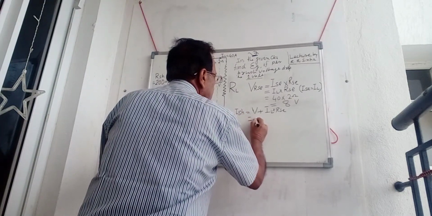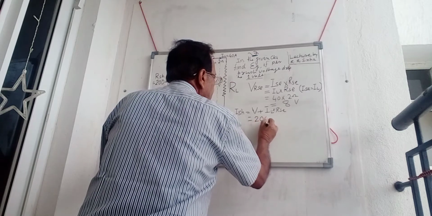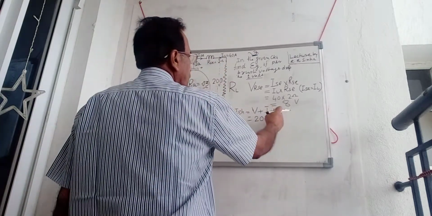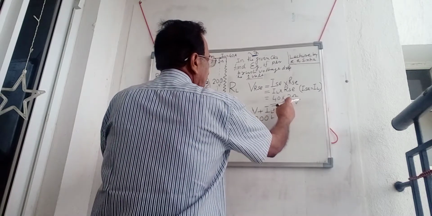The value of V is 200, and IL into RSE is 8 volt.